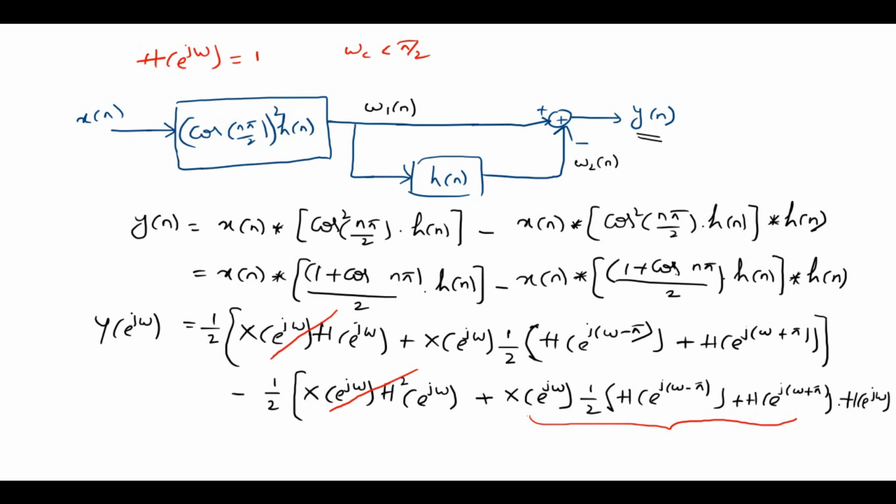Now that is passed to the filter h of e power j omega, which has the cutoff frequency pi by 2, so the filter output is simply 0. Why? Because this allows the frequency components only up to pi by 2. After the shifting operation, h of e power j (omega minus pi) and h of e power j (omega plus pi) appear outside the range minus pi by 2 to plus pi by 2, so the product is simply 0. So here we have only one term. This.